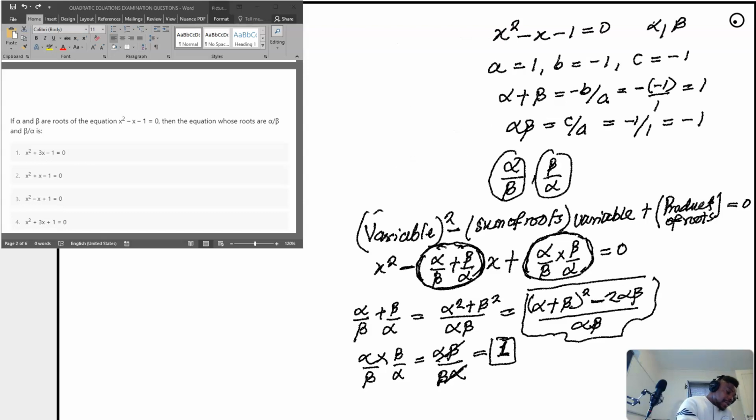So now we can say alpha squared plus beta squared over alpha beta, which is this one, and we said is equal to alpha plus beta.